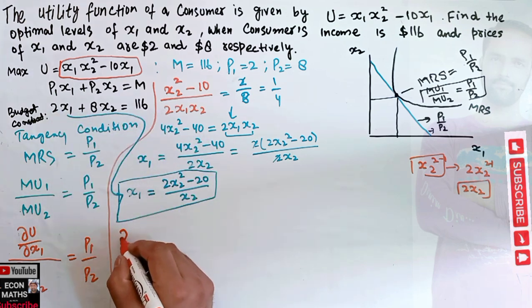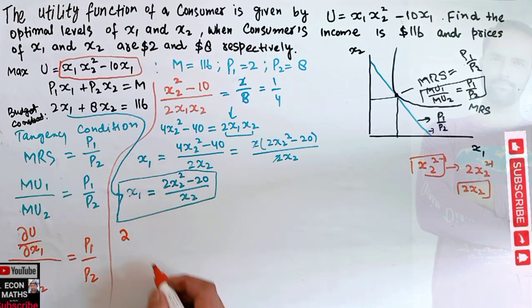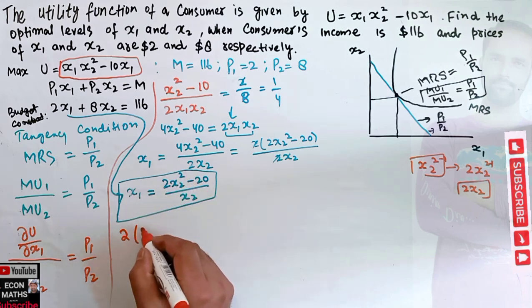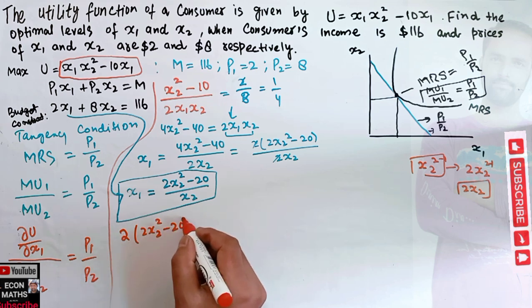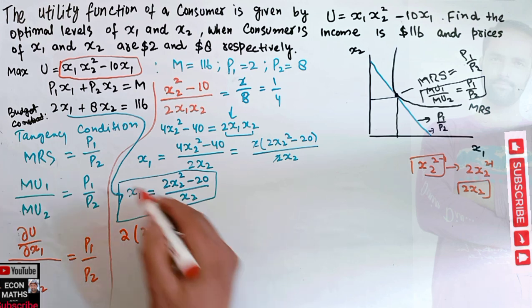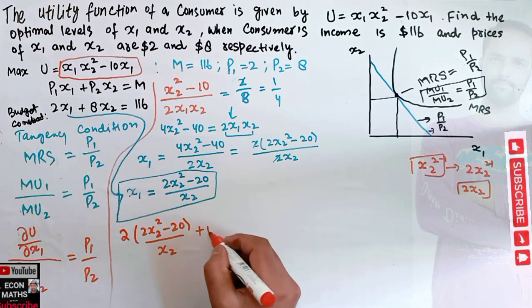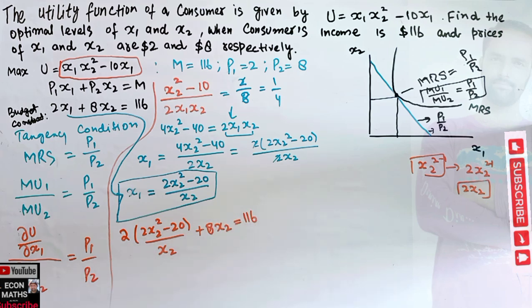That means we have 2 here, then we have x1. In place of x1 I can write this, so we have 2x2 square minus 20 upon x2 plus 8x2 is equal to 116.